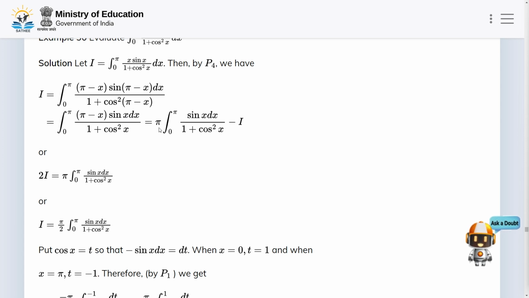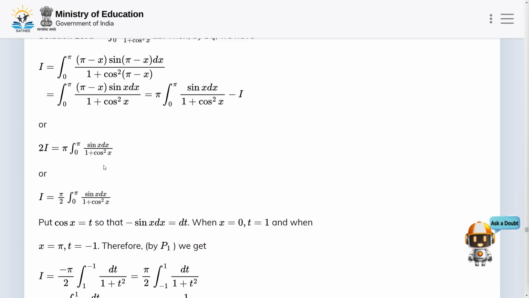After separating, you will have pi multiplied by the definite integral from 0 to pi of sin x dx divided by 1 plus cos square x, minus I. We have I here on the left hand side. So take this I to the left hand side, you will get twice I equals pi times the definite integral from 0 to pi of sin x dx divided by 1 plus cos square x.